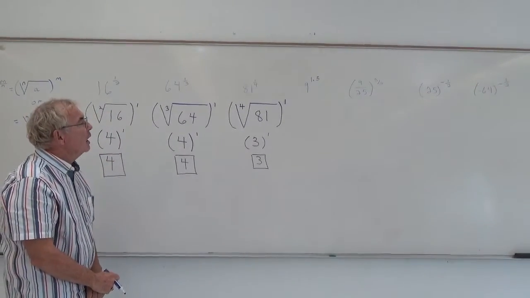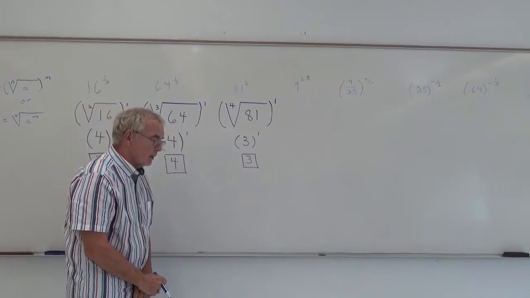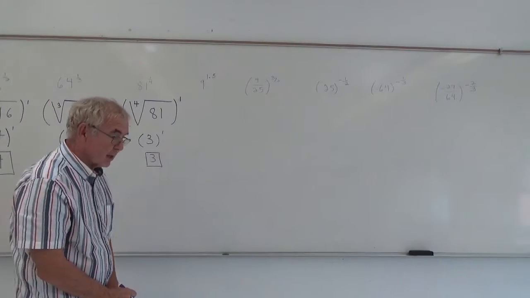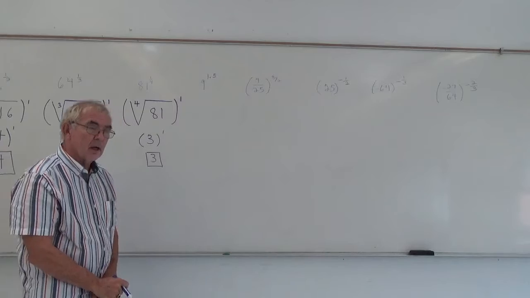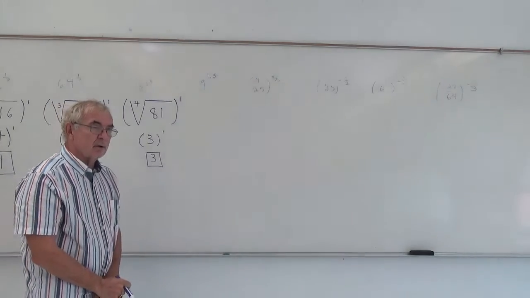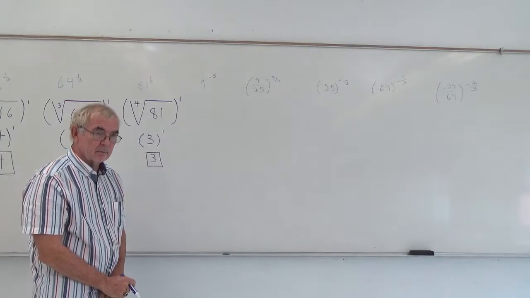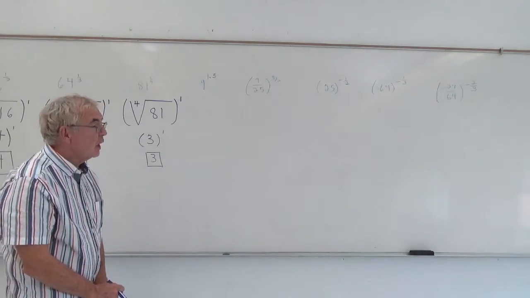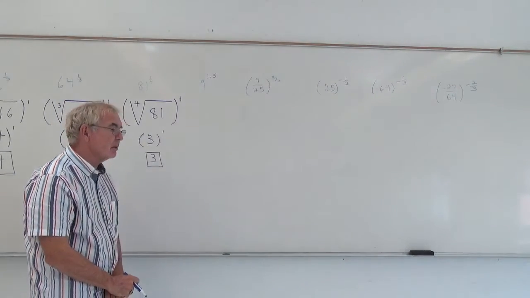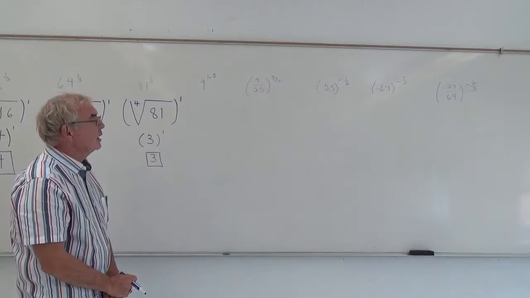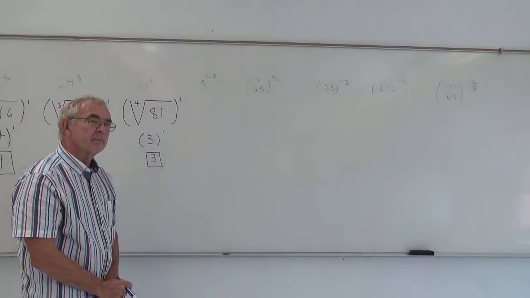9 to the 1.5 power is the next one. Now, you say, I thought this was supposed to be a rational exponent lesson. It is. A rational number can be rewritten as a terminating decimal, 1.5. A terminating decimal can be written as a fraction. So 1.5 can be written as what fraction?